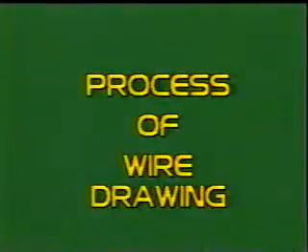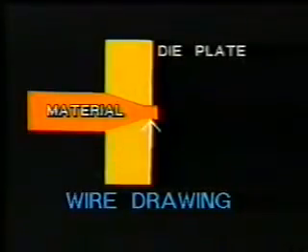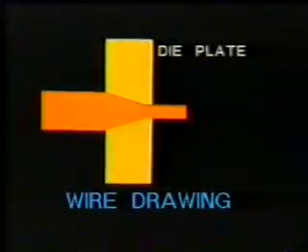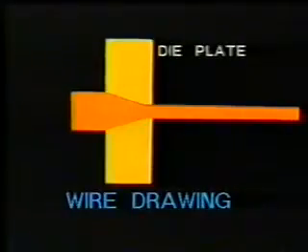Let us now see how the process of wire drawing takes place. Round wire of large diameter, when pulled through a smaller hole in the die plate, is reduced in size to diameter as shown. By this process, wires of non-standard dimensions can also be obtained.